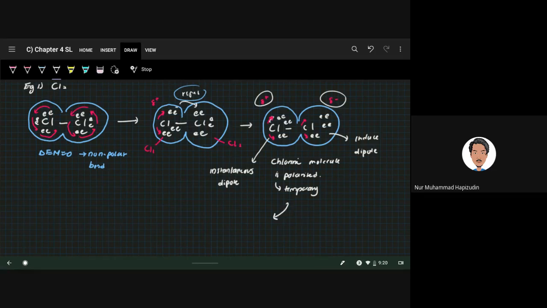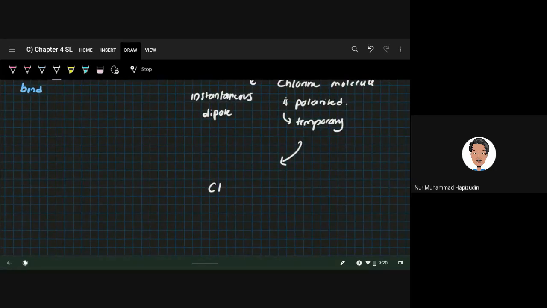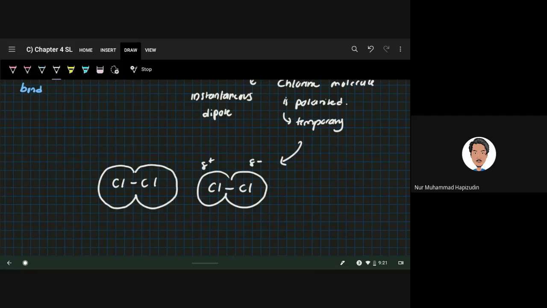So next, when the chlorine atom becomes polarized, we see the chlorine atom has polarized. Okay. Partial positive, partial negative. What happens is it will be attracted to another chlorine atom. Okay.